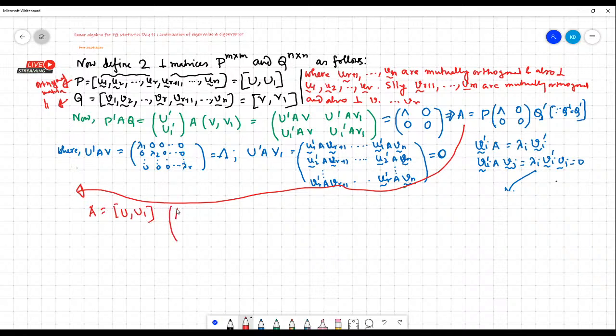This is capital lambda 0 0 and V prime, V1 prime. So this is nothing but U capital lambda V prime, and this is equal to the sum from i equal to 1 to R of lambda I Ui curl Vi curl prime.